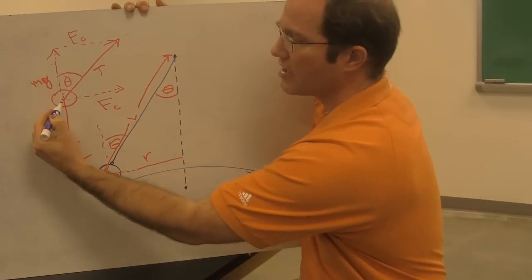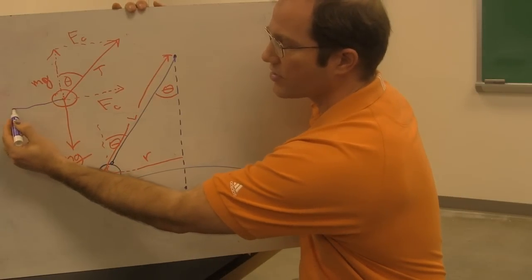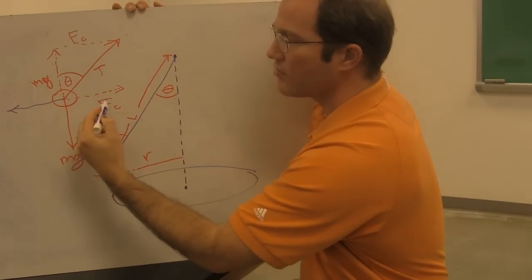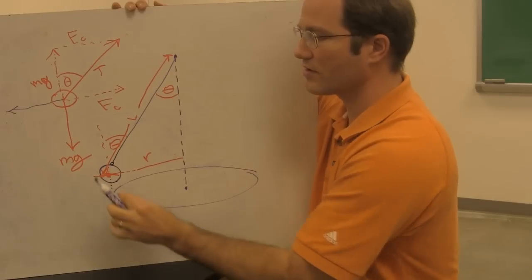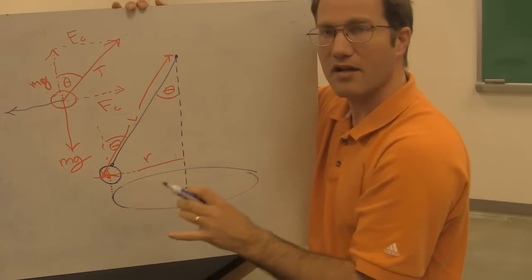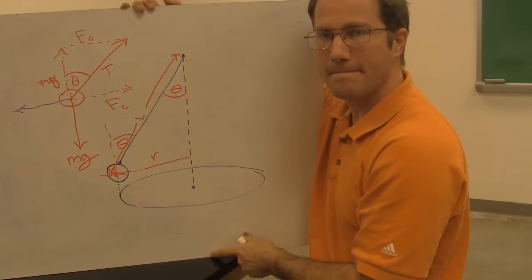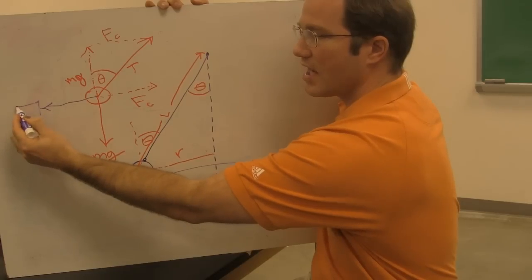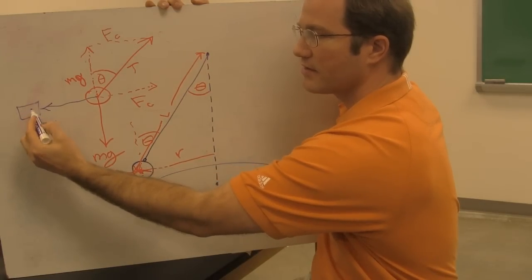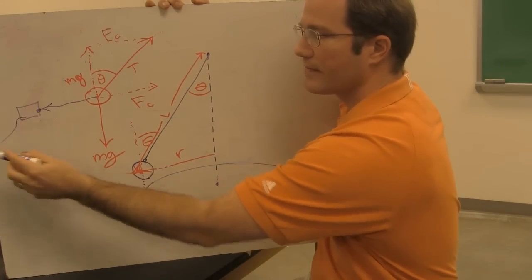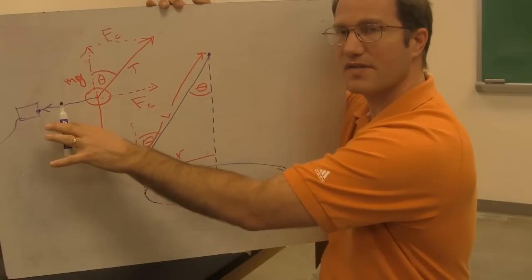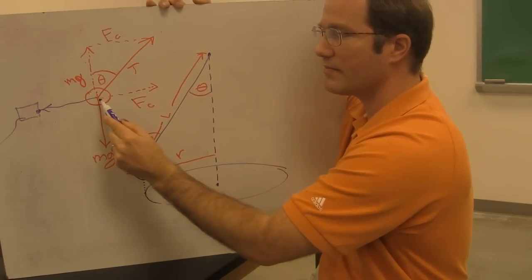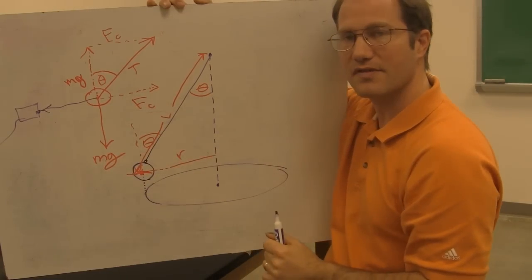In other words, there would have to be another force in this direction, which is equal in magnitude to the centripetal force in order to hold the ball there. We are going to provide this force using a force sensor attached to the computer. And the reading of that force sensor should be equal in magnitude to the centripetal force.